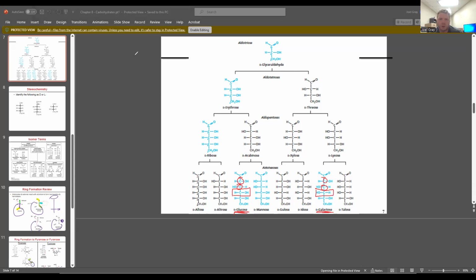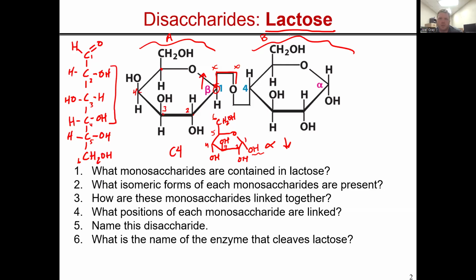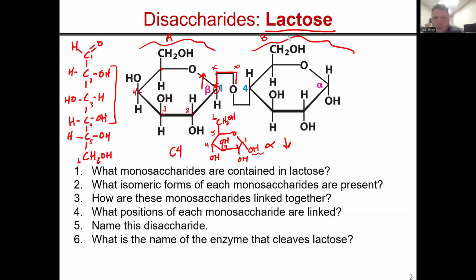So now I'm going to switch my share back. So this sugar on the left is galactose. Now on the right, let's look at that.